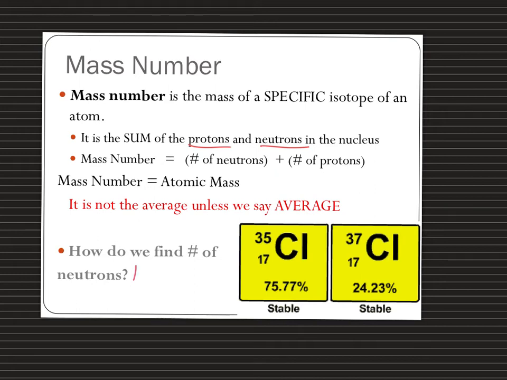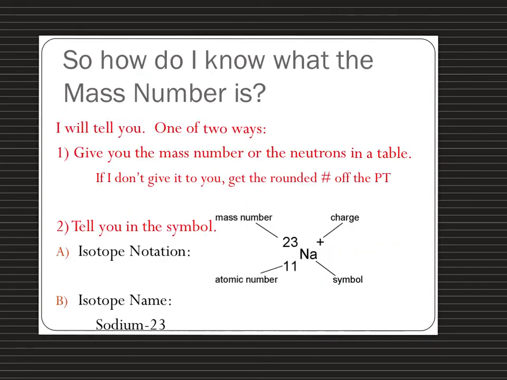You take your mass number and subtract your atomic number or your number of protons, and you get your number of neutrons. Like I said, 35 and 37 are mass numbers, and you would just subtract the atomic numbers from them to figure out the number of neutrons.